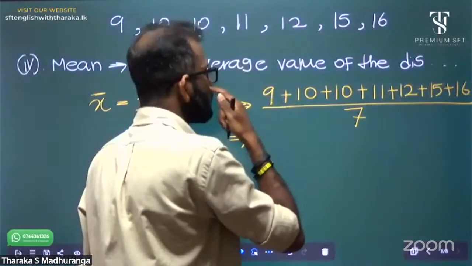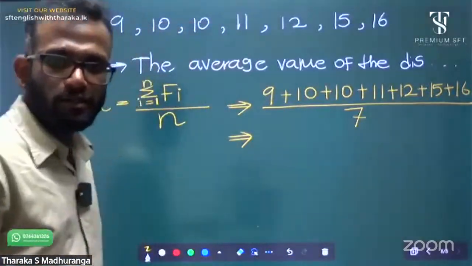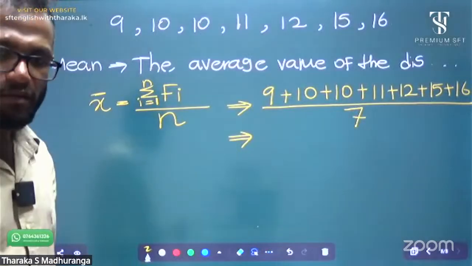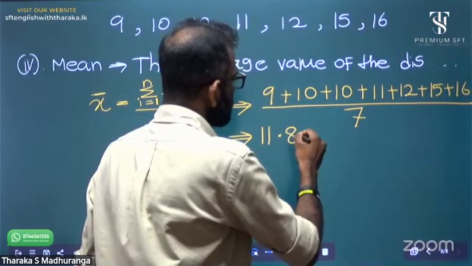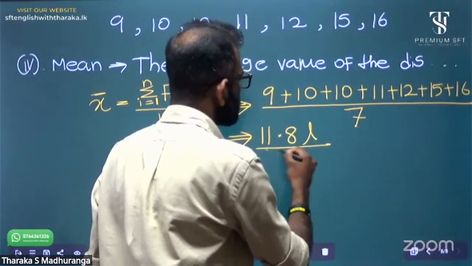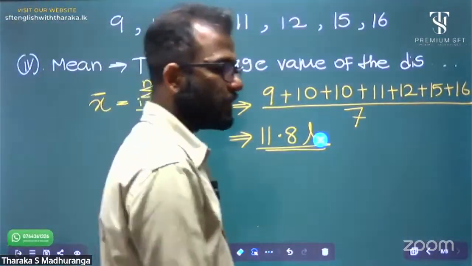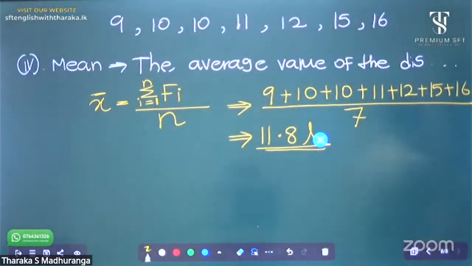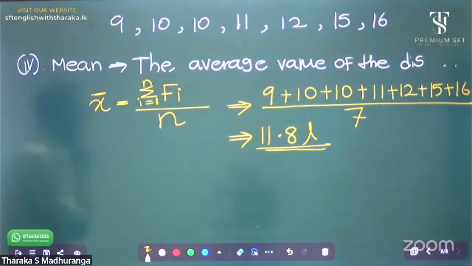Okay, that is the average daily latex production, right? 11.8 liters is the answer. The average daily latex production of this week.